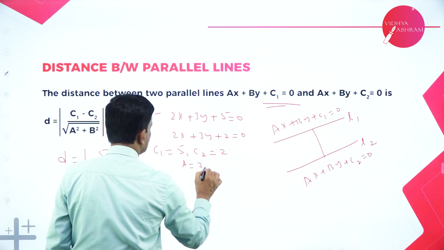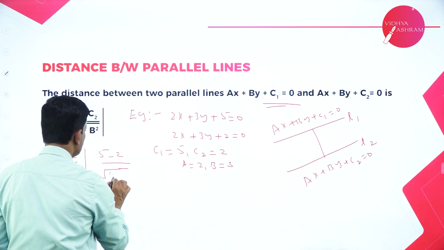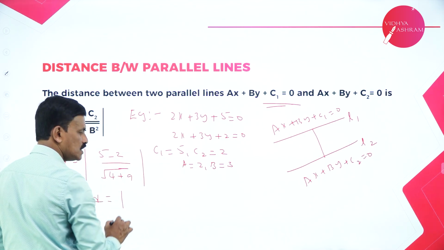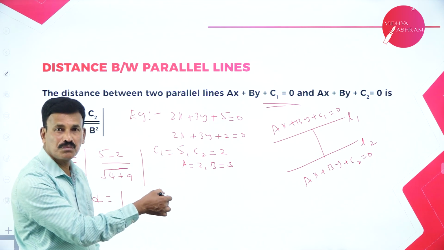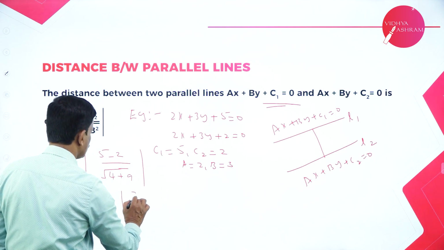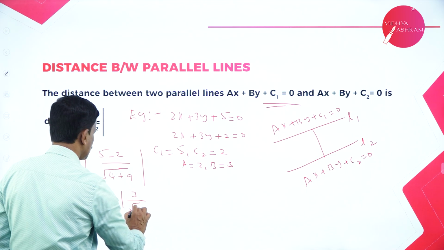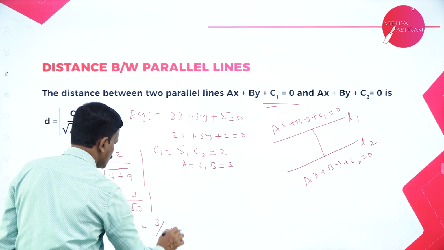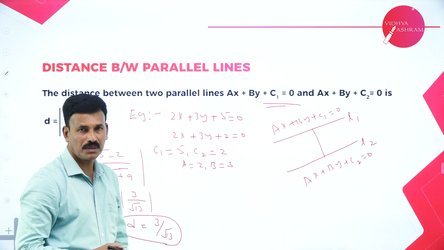A is 2, B is 3. 2 square is 4 plus 3 square is 9. So 5 minus 2 is 3 divided by root 13. So D is equal to 3 by root 13 is the distance between these two parallel lines.